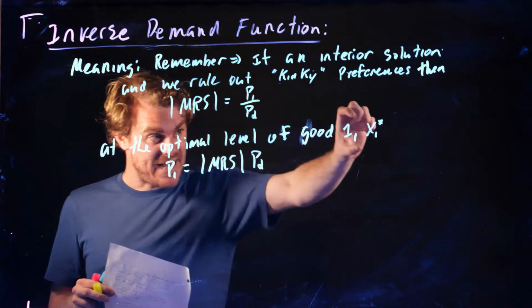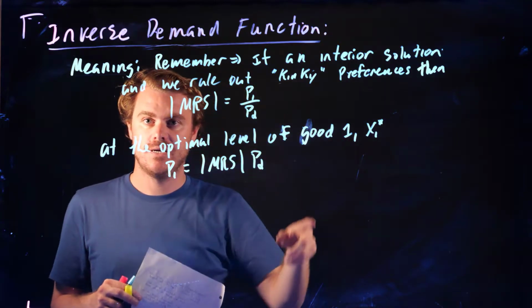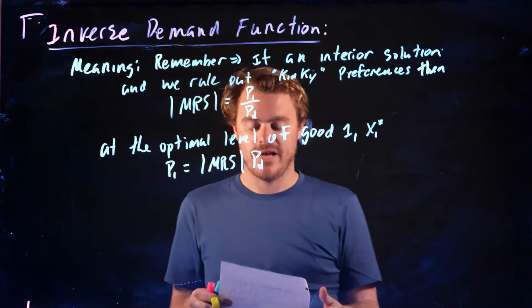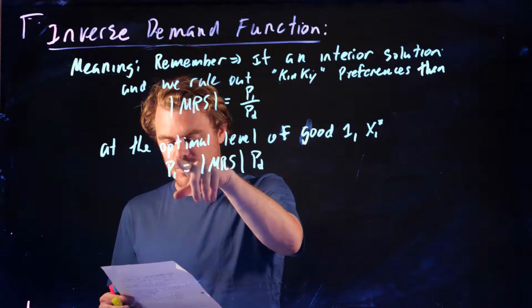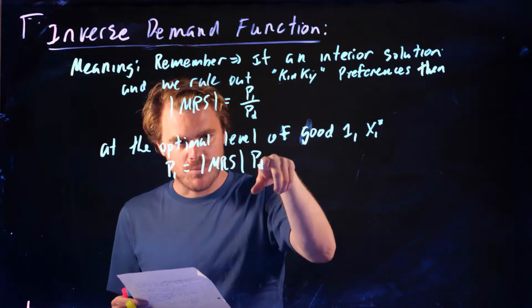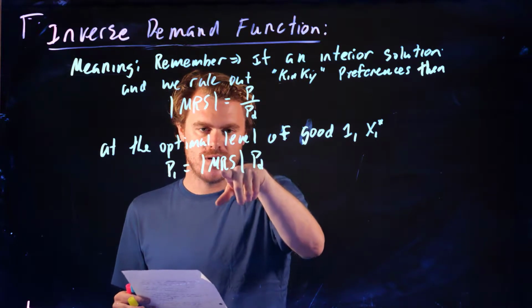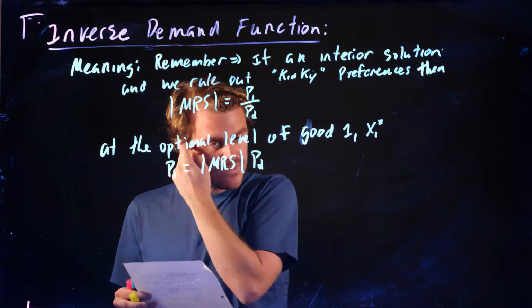So at X1 star, or whatever you want to label the optimal amount, the optimal decision given these prices and your income, the price of good one is proportional to the absolute value of the marginal rate of substitution and the price of good two.